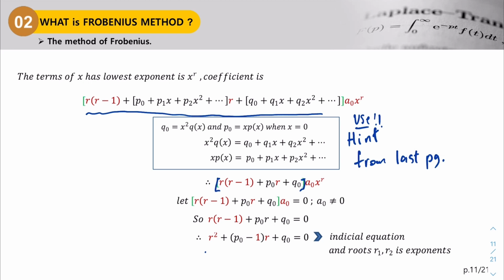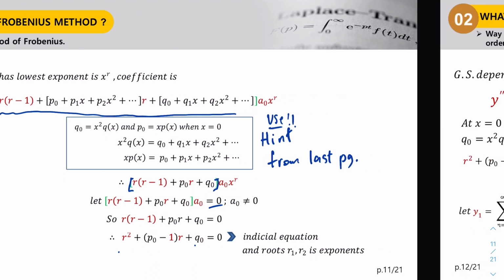Let the bracket equal 0. We get r squared plus (p0 minus 1) times r plus q0 equals 0, which is the indicial equation. The roots r1 and r2 are the exponents.